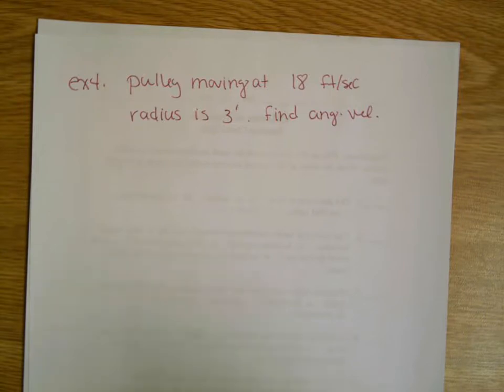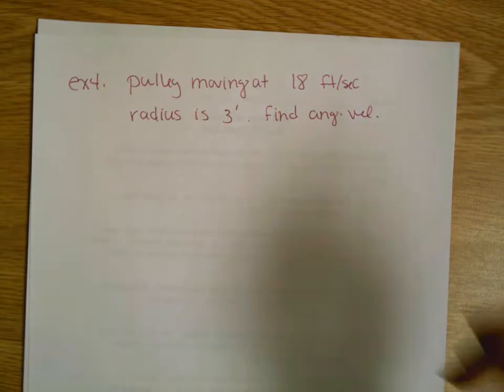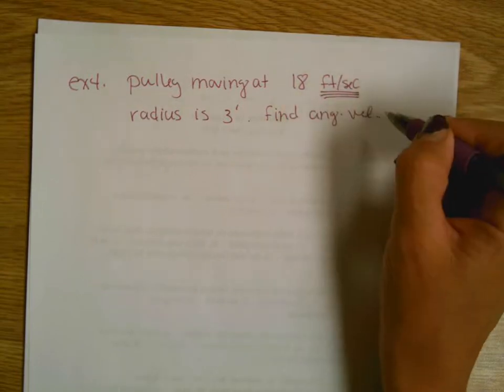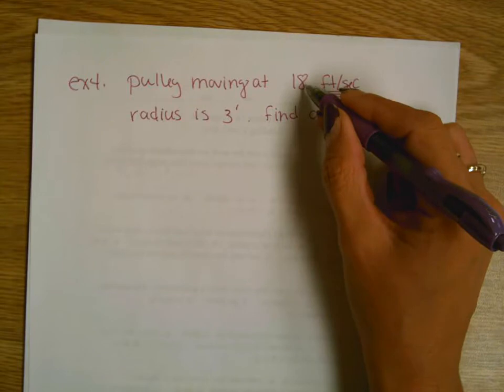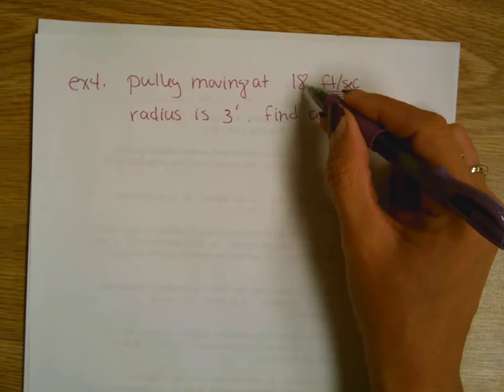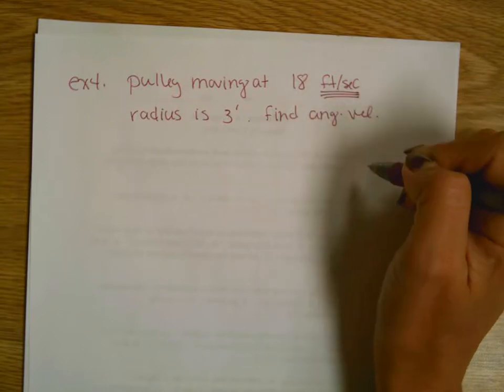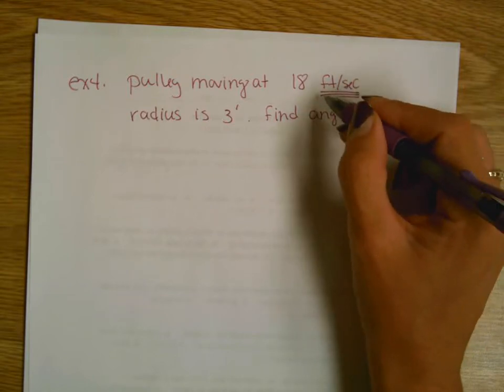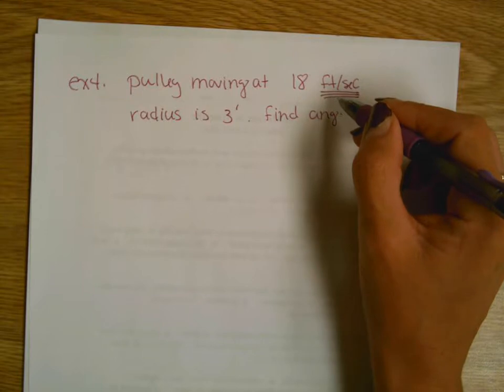So again, it's knowing what each piece of information represents. Because the 18 is feet per second, what letter is that? W is radians per second. This is feet per second, kind of like miles per hour. It's a velocity, but which velocity is it?